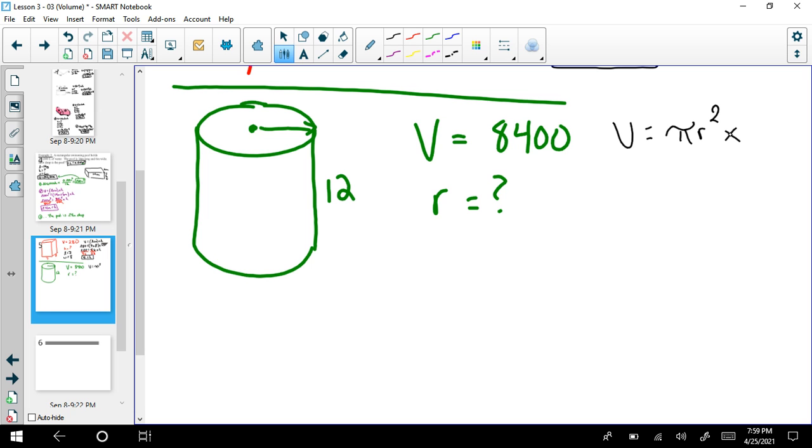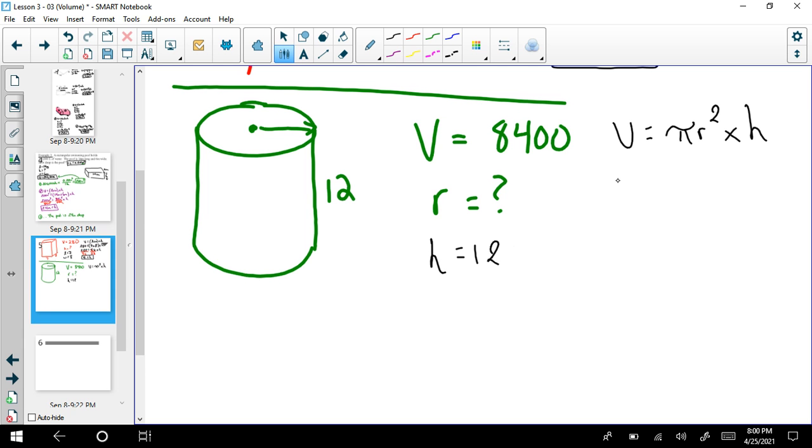And then I'm going to times it by my height, so how tall this is. My R I don't know, right? My volume is 8,400 and my height is equal to 12.